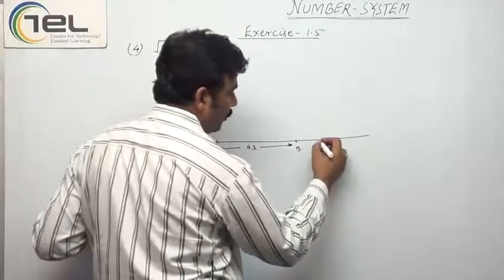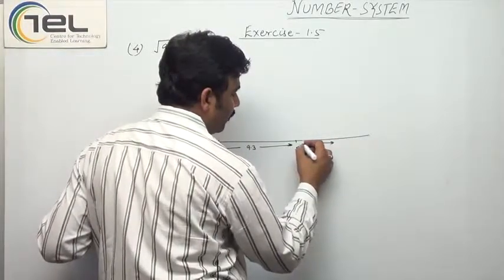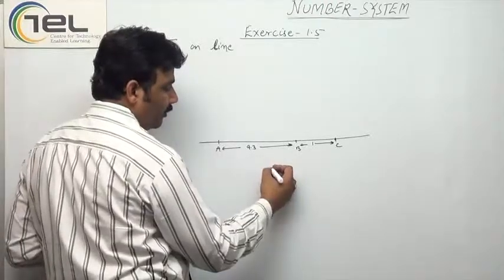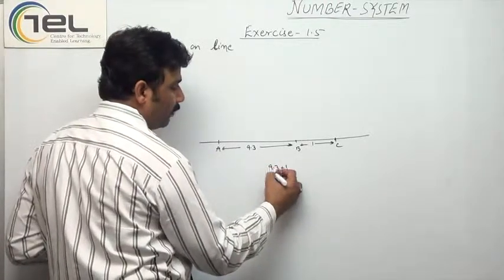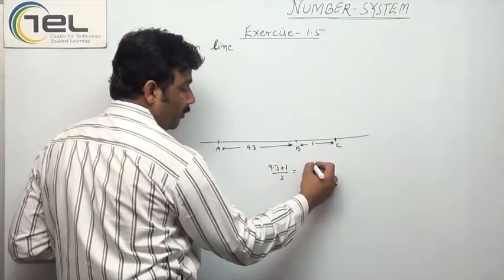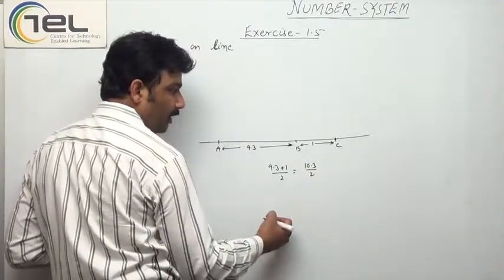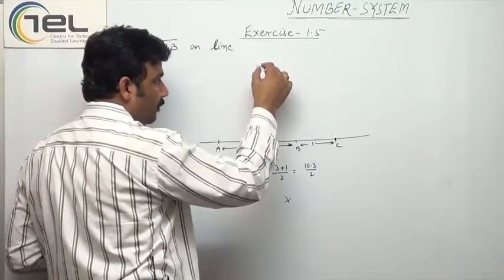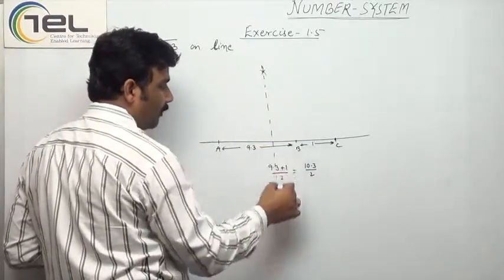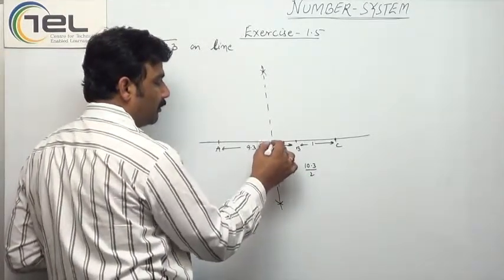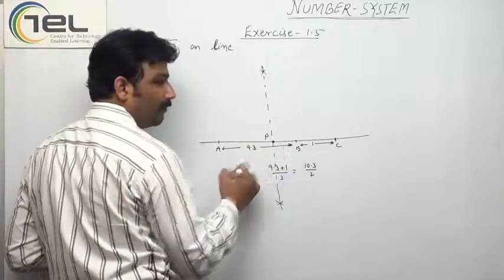Then I will draw 1 unit to point C. Then I will take (9.3 plus 1) by 2, which is 10.3 by 2. Half of that I will take as the mark, and I will put this mark as P.